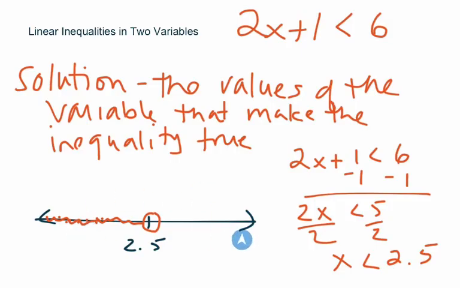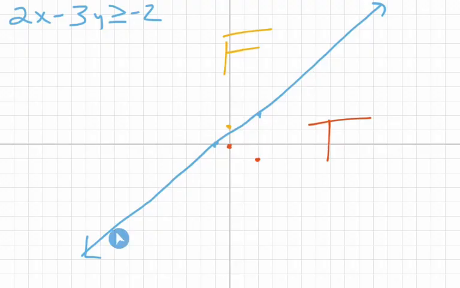Exactly the same way that we see it in one dimension, except with one dimension we have a point, and that point is the boundary between the values that are true and the values that are false. In 2 dimensions, you have a line, and that line is the boundary between the values that are true and the values that are false.